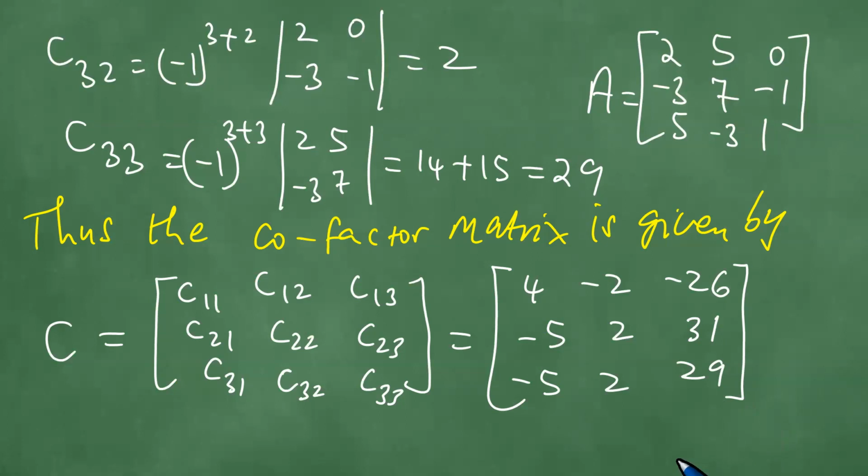So now this is the answer for the cofactor. Let's just pause to breathe a little bit and check the cofactor matrix. I'm just observing to make sure that we have the correct cofactor matrix here.